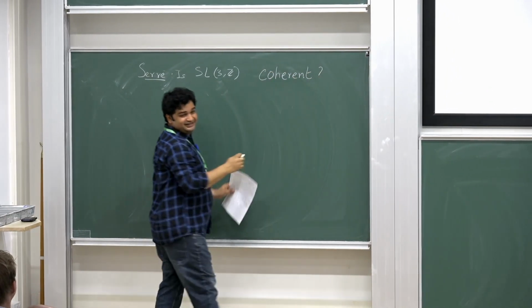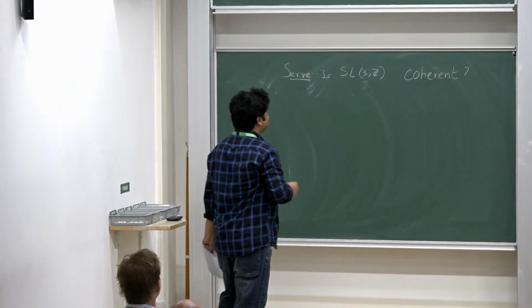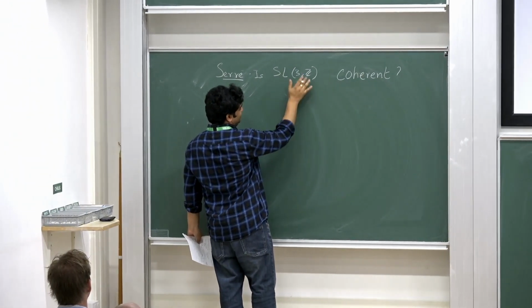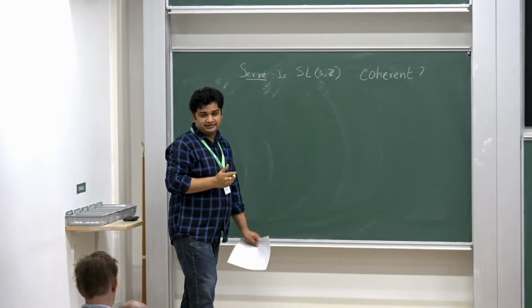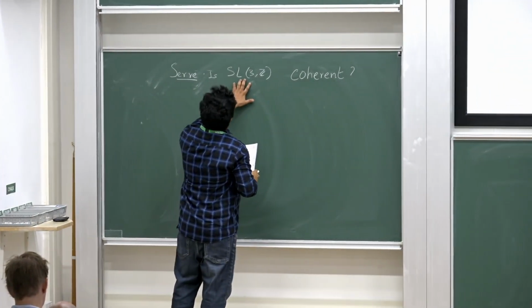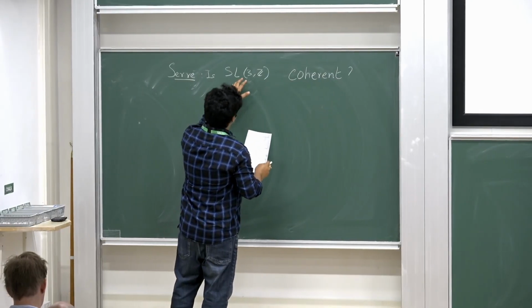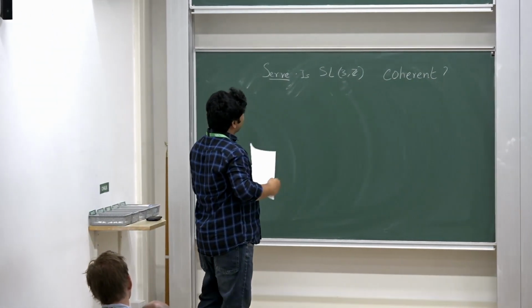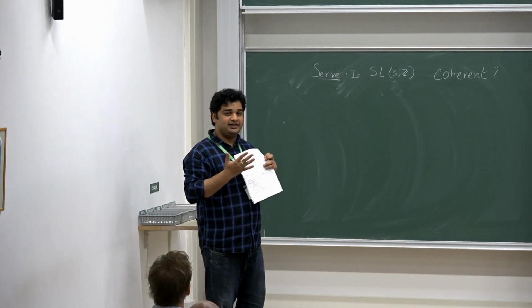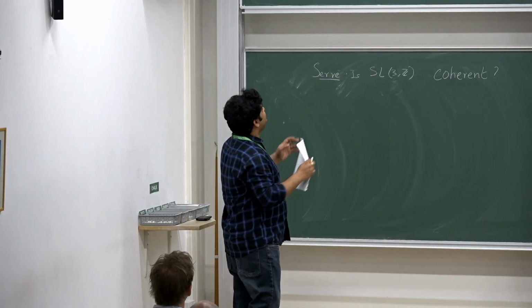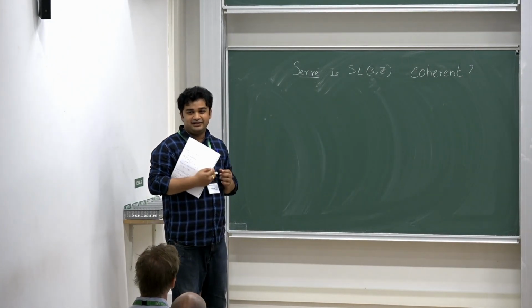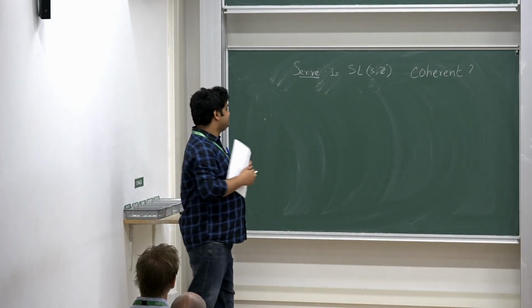A group is called coherent if all finitely generated subgroups are also finitely presented. To understand this question we need to at least know some nice examples of finitely generated subgroups. If the list is just surface groups and free groups, then it's kind of difficult.